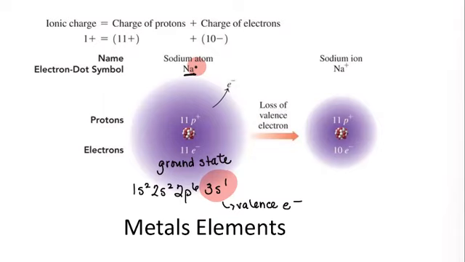So if sodium loses one electron, then its electron configuration has to change. The electron configuration for the sodium ion is 1s2, 2s2, 2p6. Now, what other element in the periodic table shares that electron configuration?